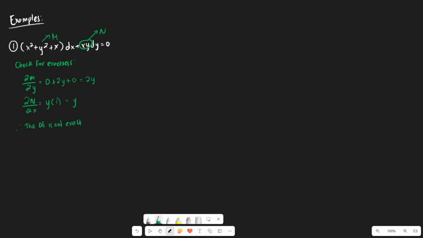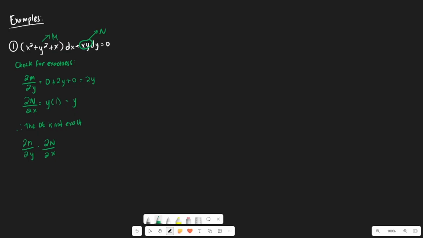Now, we have seen from the previous cases that there is a common expression from all the cases. That is the partial of M with respect to y minus the partial of N with respect to x. Knowing that this is the common expression from all the three cases, we need to solve for this.